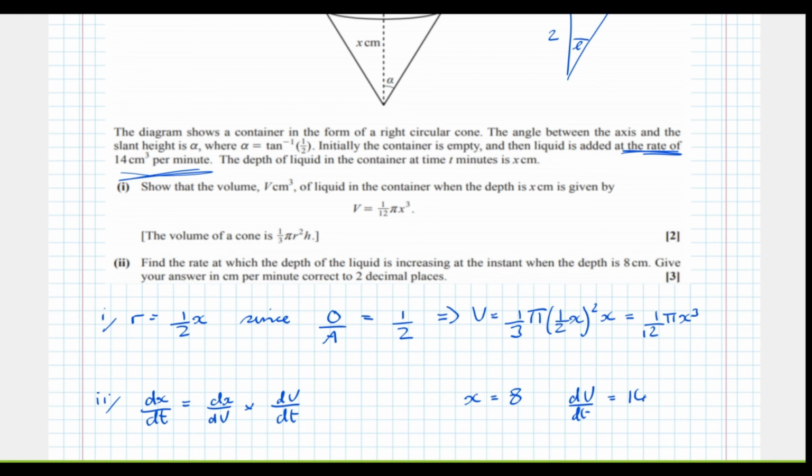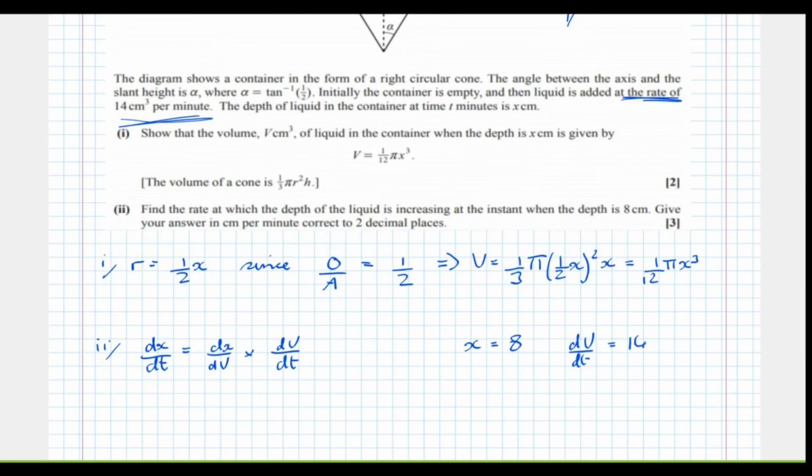So we've got dV by dt, we just need dx by dV. Well, we can find dV by dx because V equals, as we worked out in the previous part, a 12th pi x cubed, which means dV by dx equals a quarter pi x squared. Which means that dx by dV is the reciprocal of that, 4 over pi x squared.